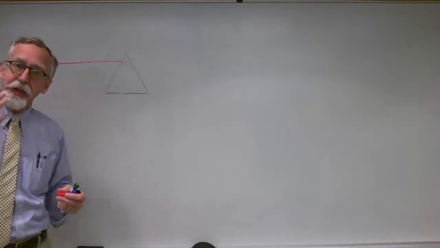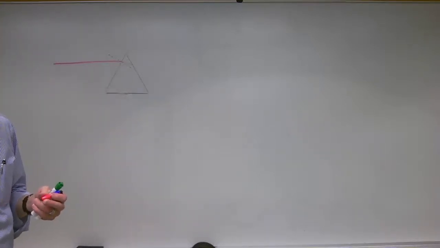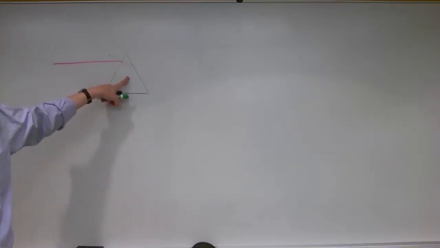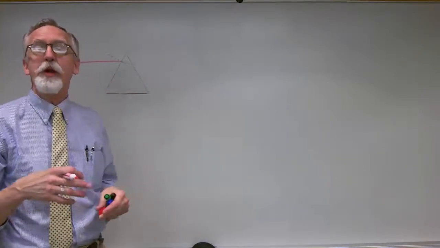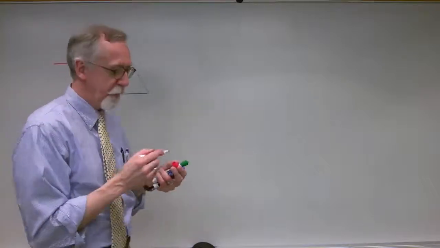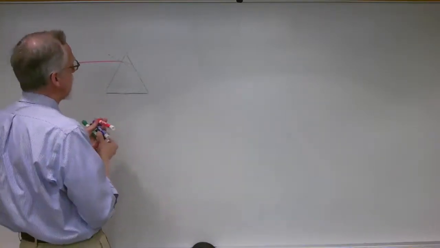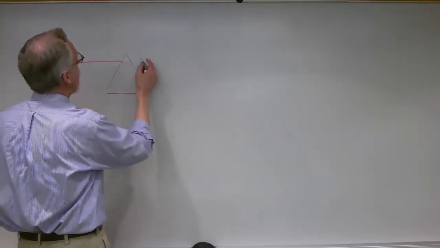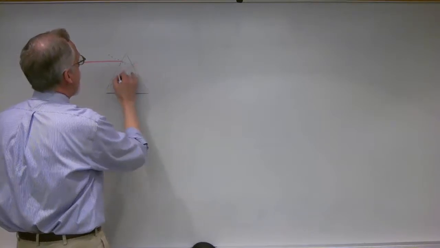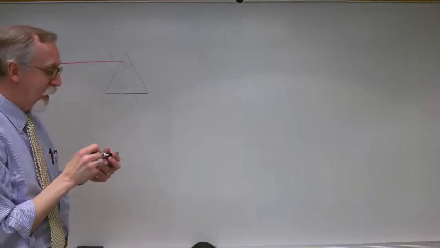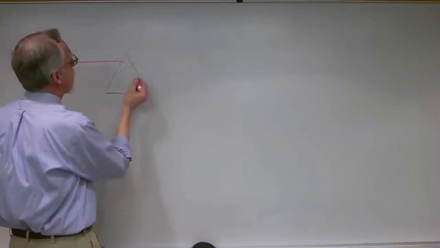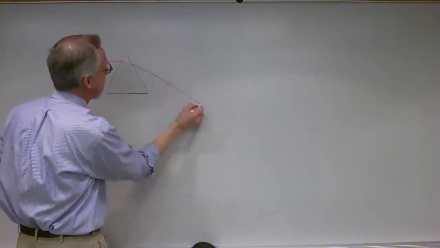Now, as it leaves the medium, leaves the plexiglass, say, and enters air, we know that it's going to be bent away from the perpendicular. So we'll draw in another perpendicular over here. And now it's going to be bent away, which again is going to be downward. So the ray is going to be bent again downward, something like that.